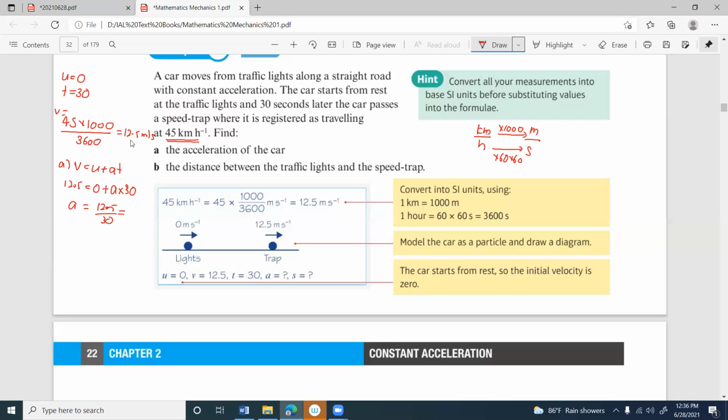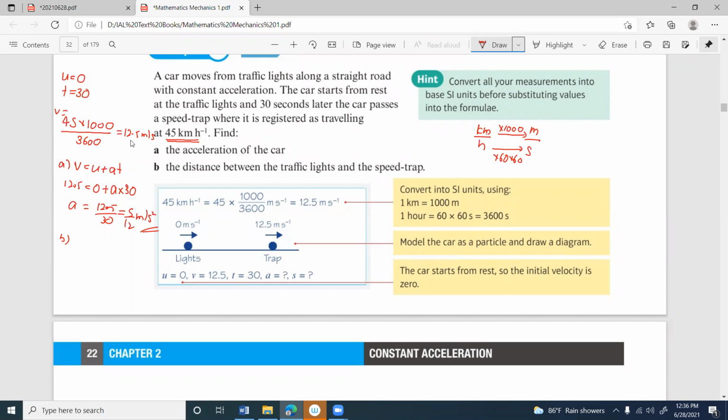That is 0.416. Yeah, 0.416, or you can say 5 over 12 meters per second squared. So 0.4167.